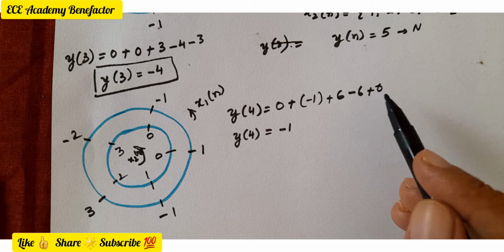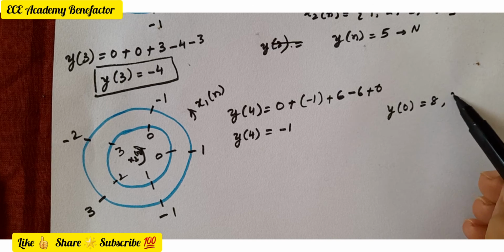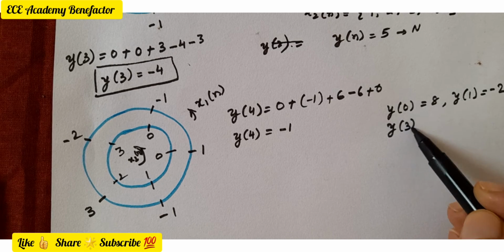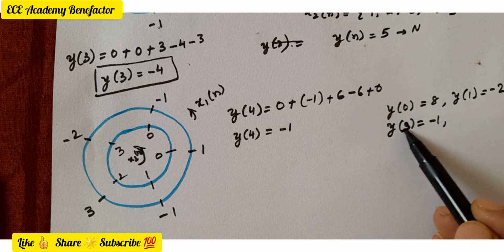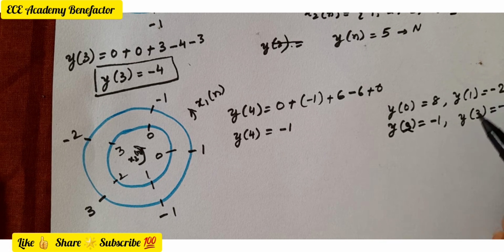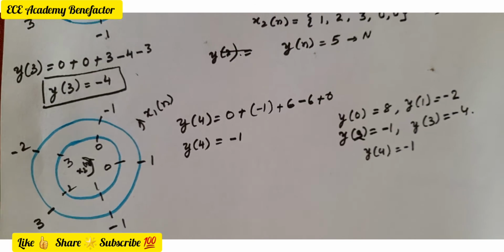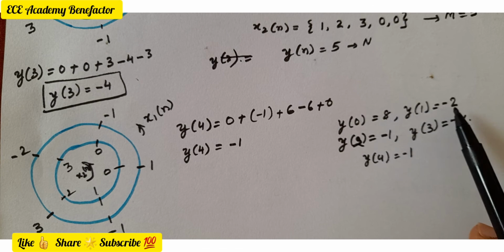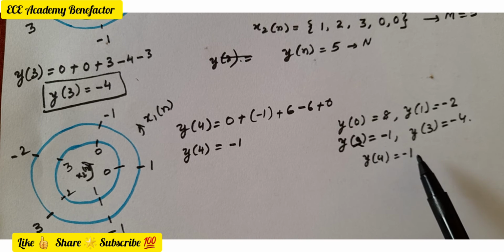So let me now write what we have computed. y of 0 is coming to be 8, y of 1 is minus 2, y of 2 is minus 1, y of 3 is minus 4, and y of 4 is minus 1.